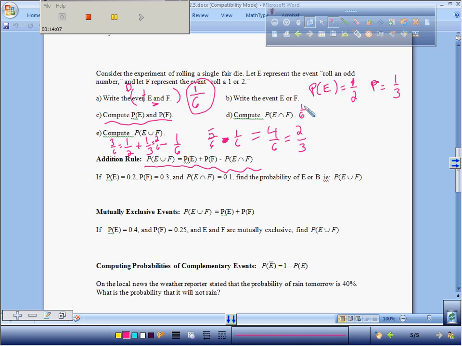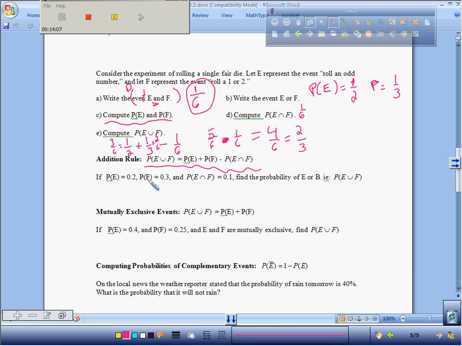Write the event, it's not the probability. E or F. I kind of messed up. Compute P(E) and P(F). I went way out of order, but do you guys understand what I did there? You have to take each one individually and subtract the intersection.